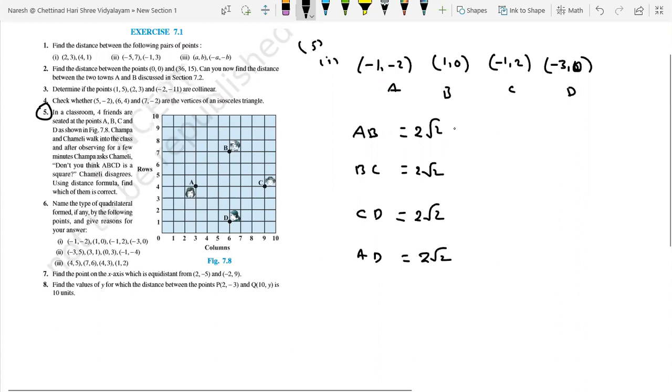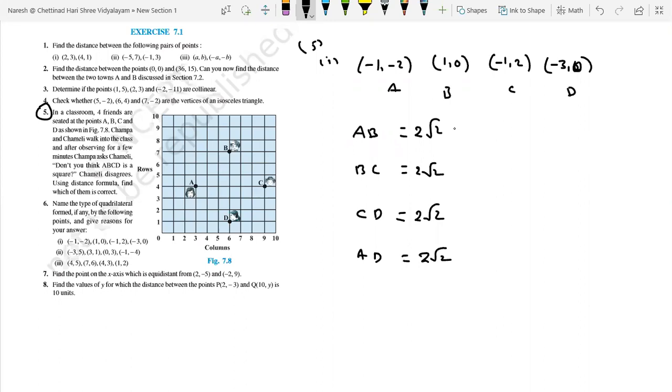You got all the four values like this? Yes, sir. Got the values.